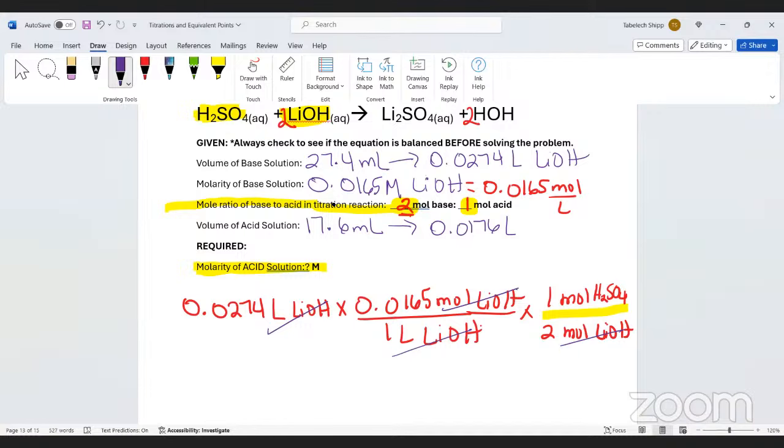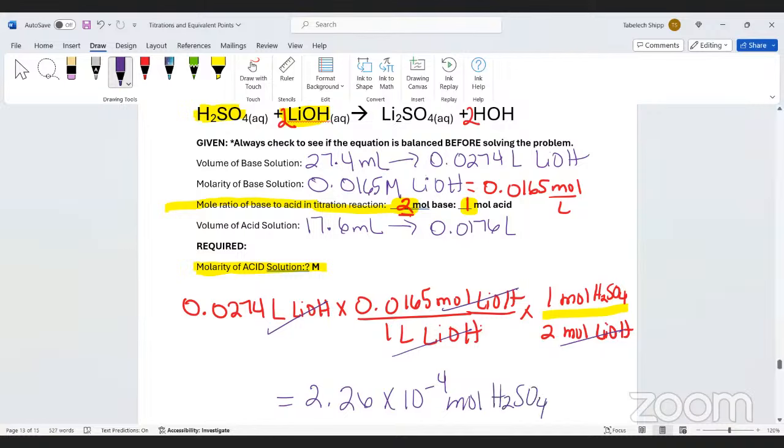But what we're going to do now is calculate that across. 0.0274 times 0.0165 equals. And then divide that by 2. And we get 2.26, because we only need 3 of those numbers, okay? Times 10 to the negative 4 moles of H2SO4.